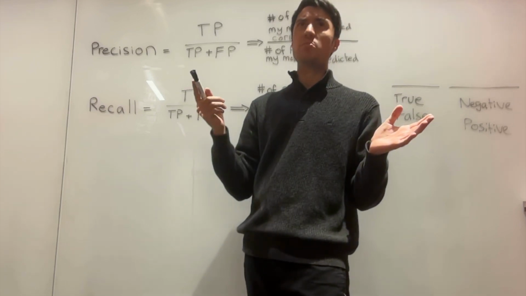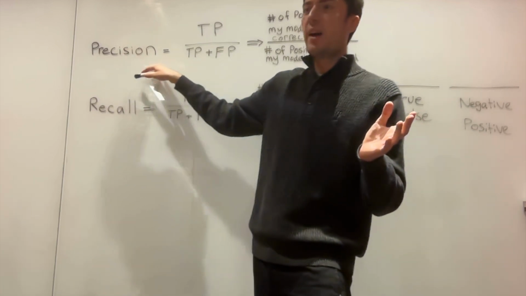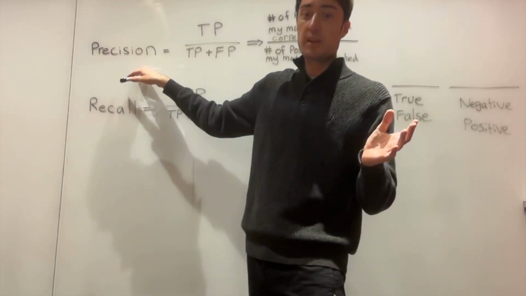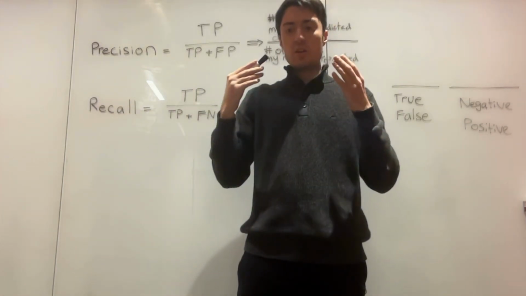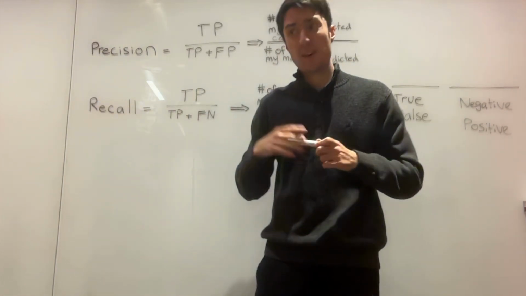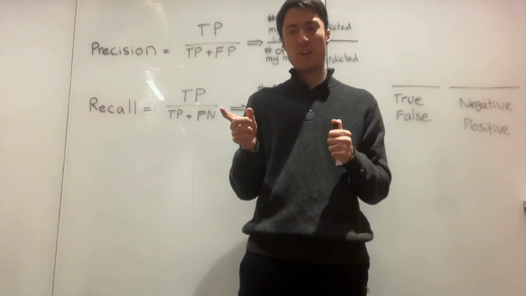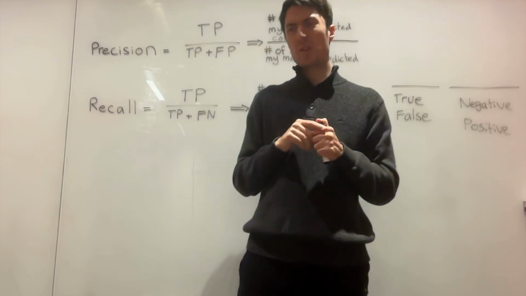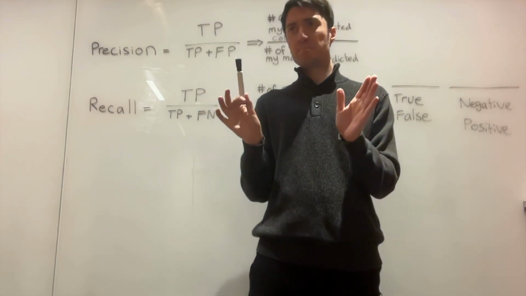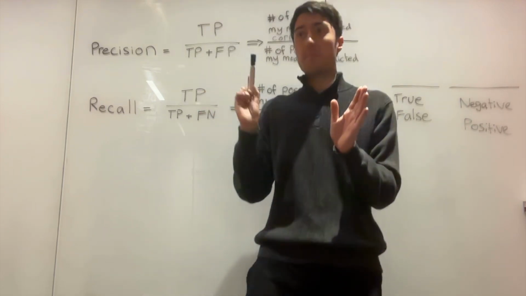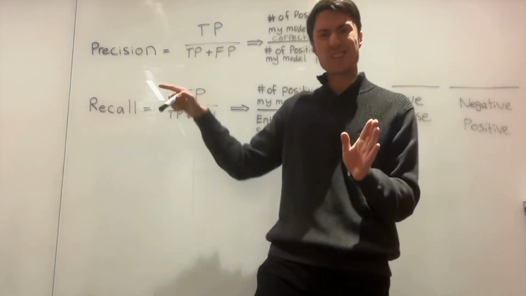Instead, I want more to say, well, this is kind of how sure I am that something actually is positive, right? If you have a high precision, that means that you're pretty sure that it's actually a positive. So in terms of cancer, if you have a high precision, it means if your algorithm says that they have cancer, they probably do. Whereas recall is going to be, okay, well, if you don't want to miss anyone who has cancer. Do you see how these are kind of subtly different?